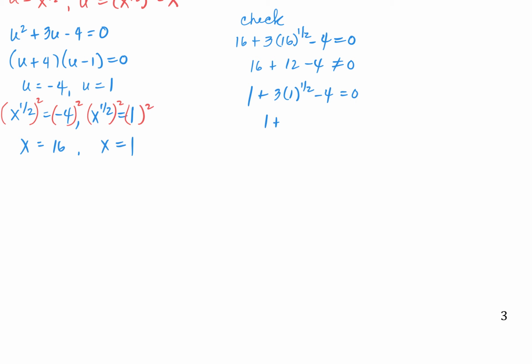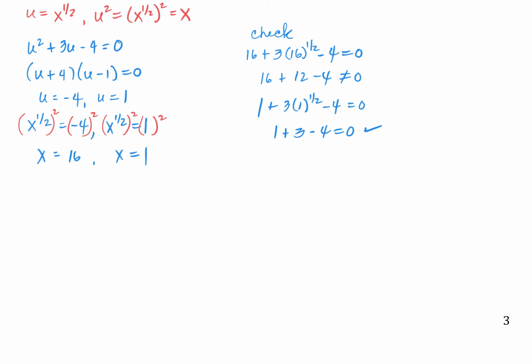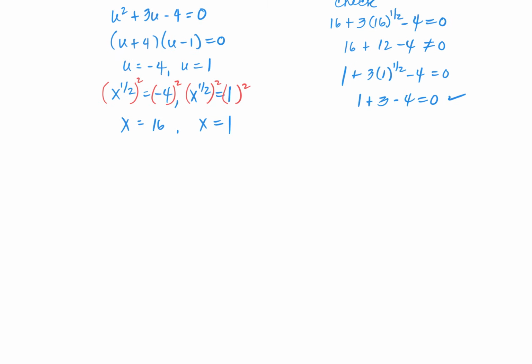Yes, because you get 1 plus 3 minus 4. Okay, so that was the caution there. If you have negative exponents or if you have fraction exponents, don't forget to check your solutions. And the 1 does work. The 16 does not. And that's it for this section.